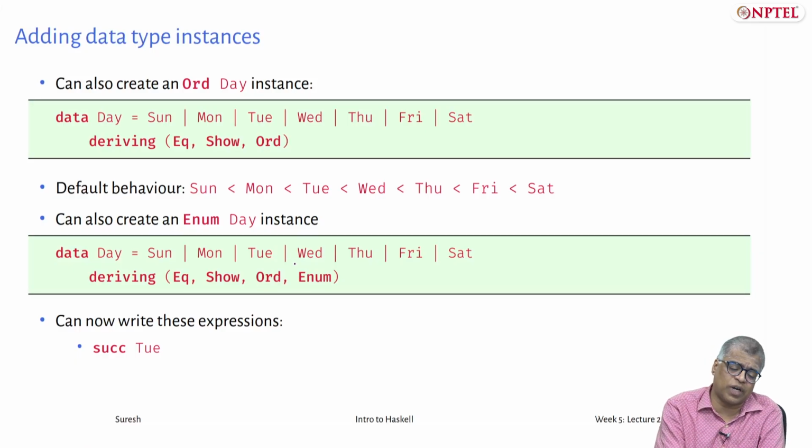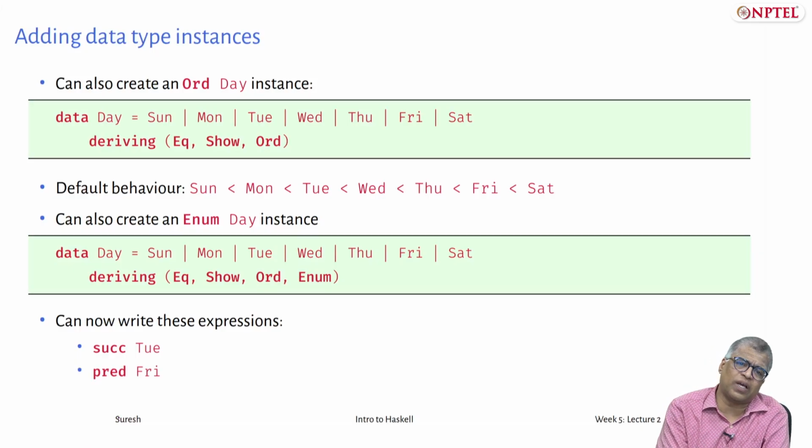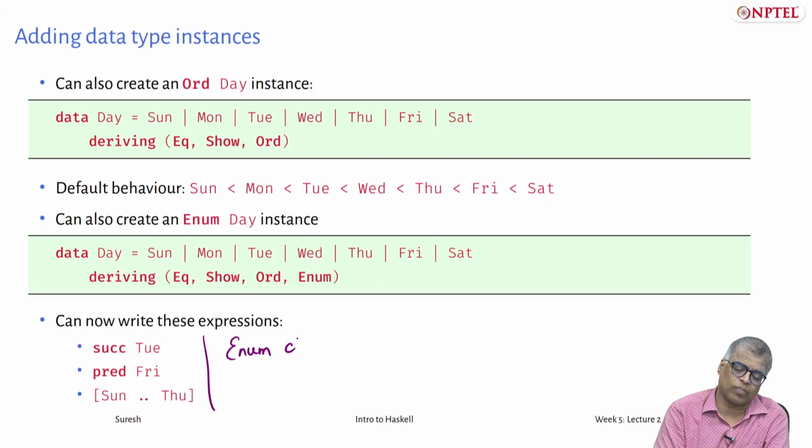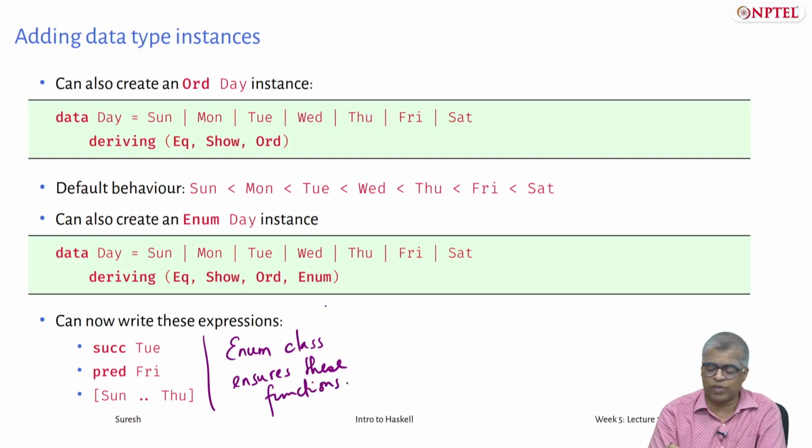Successor of Tuesday is Wednesday, predecessor of Friday is Thursday, and then you can say list all values from Sunday to Thursday. So these are all things you can do as part of the Enum class. It ensures the availability of these functions.